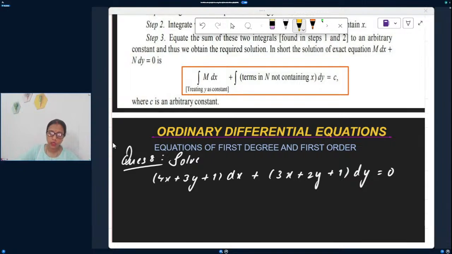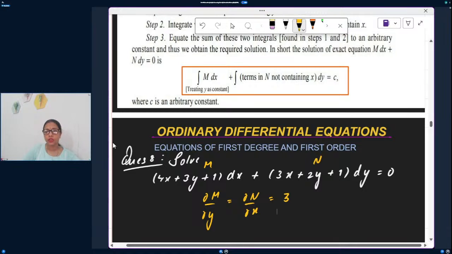All right. So del M by del y, comparing, this is M, this is N. Del M by del y is equals to del N by del x, that is equals to 3.